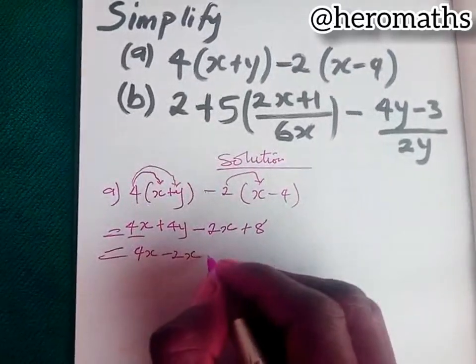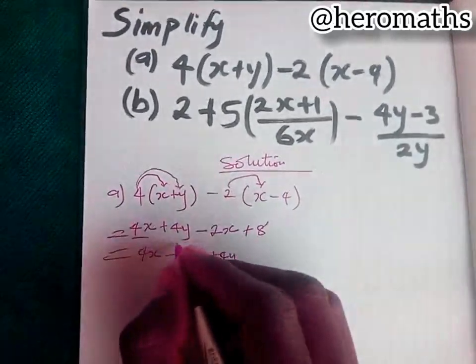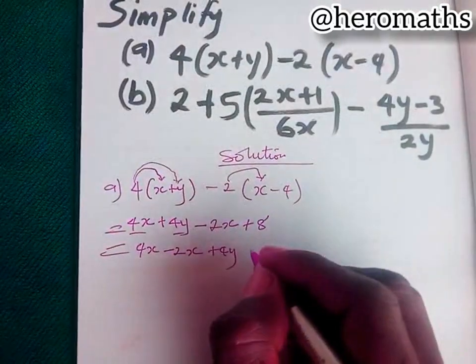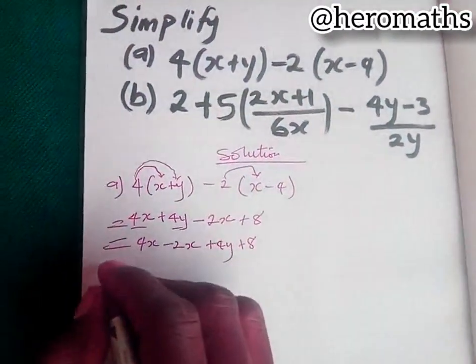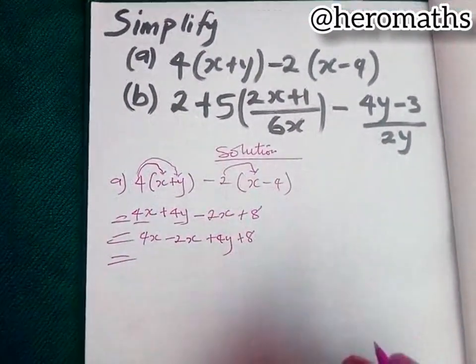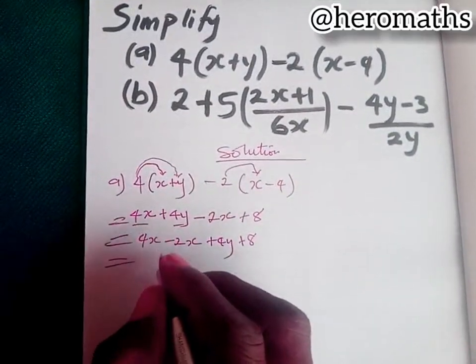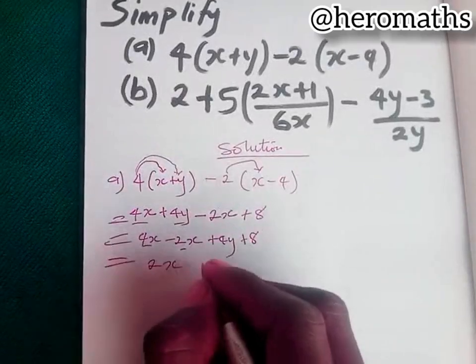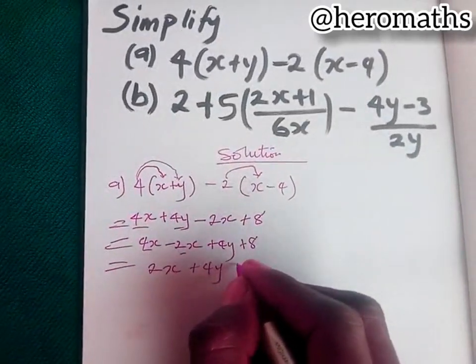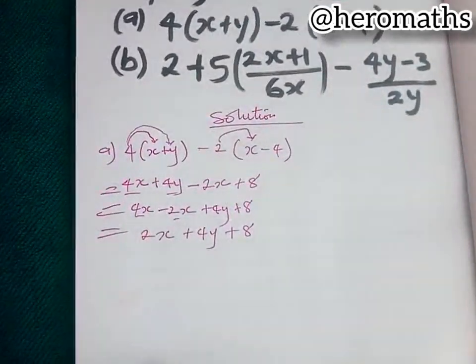The other alphabet is y, plus 4y, and then there's no other one with an alphabet, so the next is the constant, which is 8. So 4x minus 2x will give us 2x plus 4y plus 8.